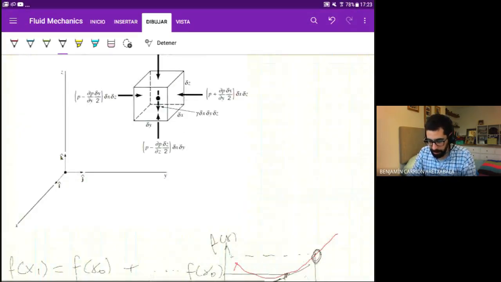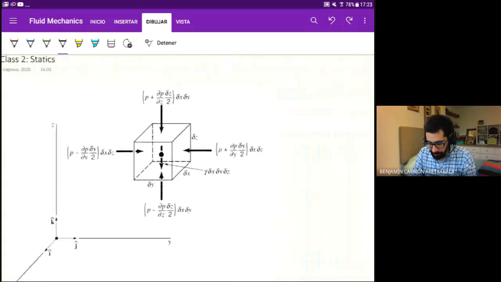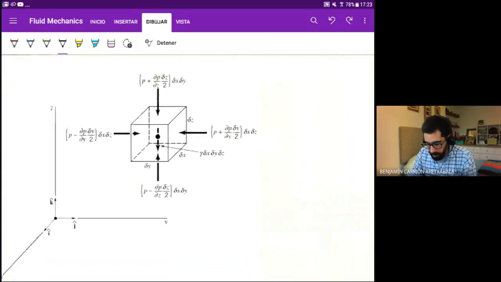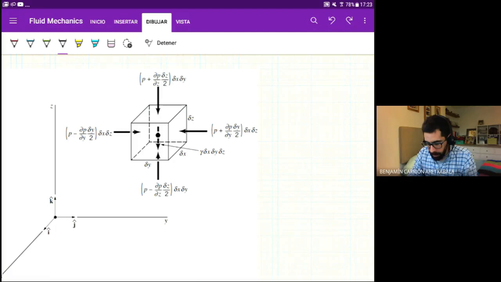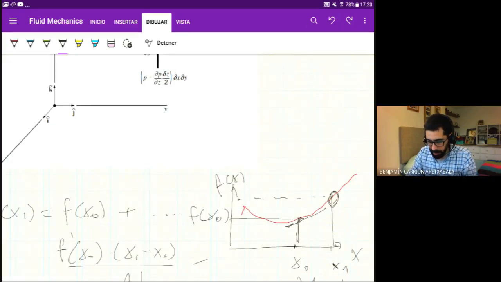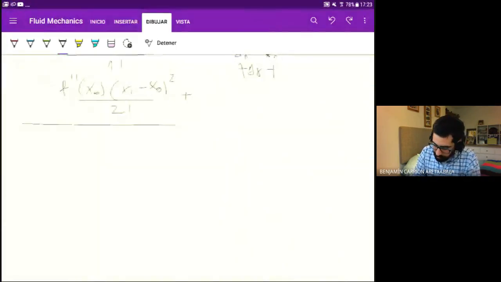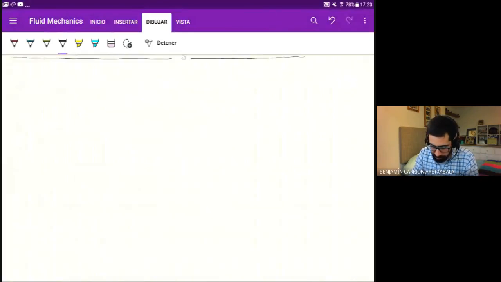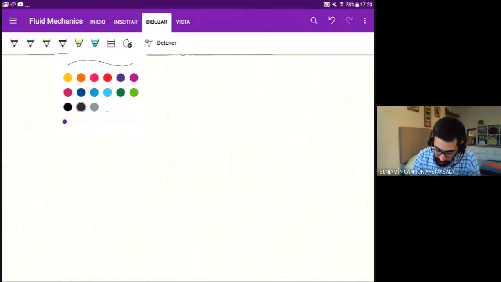In the slides, you should be able to find this scheme. Okay. So I won't work directly on this one, but I'm going to write a new one, but only in a plane.